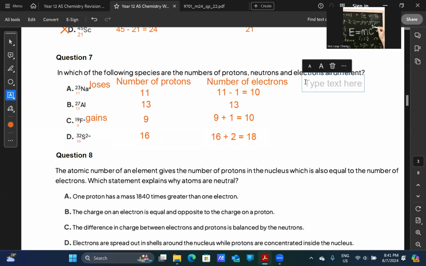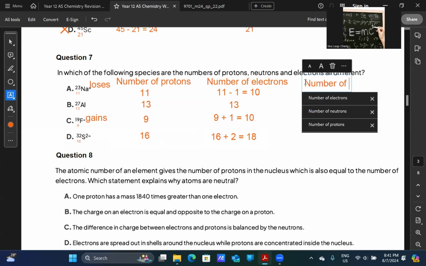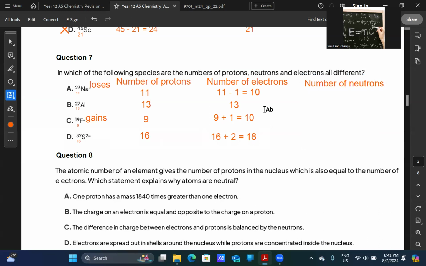Next one, number of neutron. Number of neutron is the difference between the mass number and atomic number. 23 minus 11, then you get 12. The next one, 27 minus 13, you get 14.